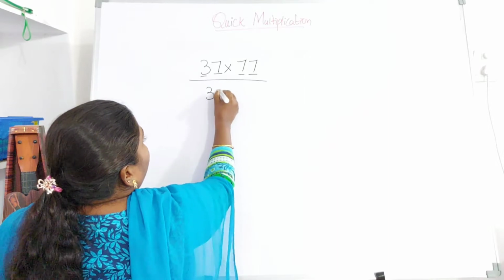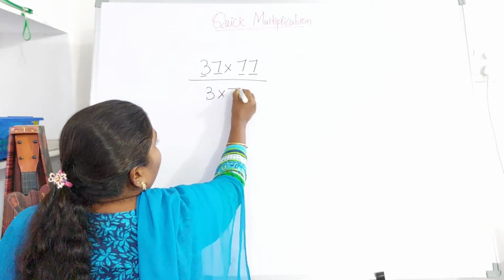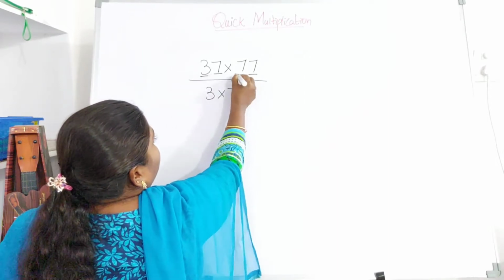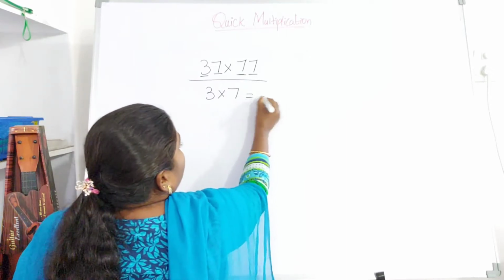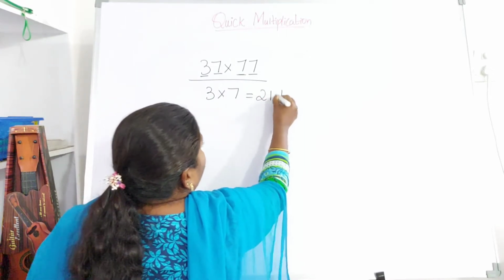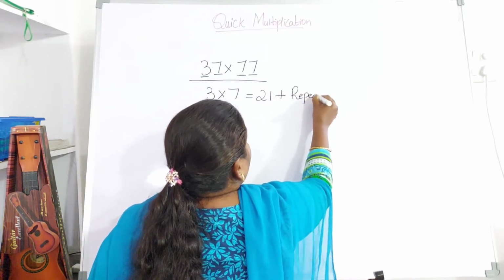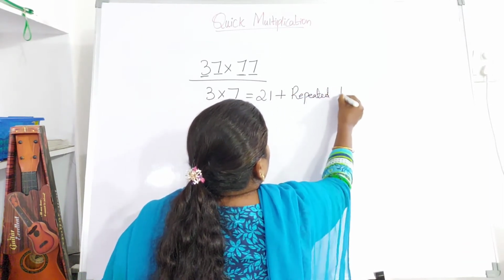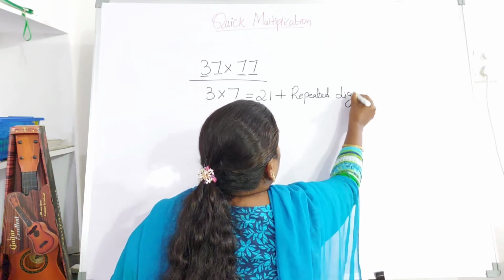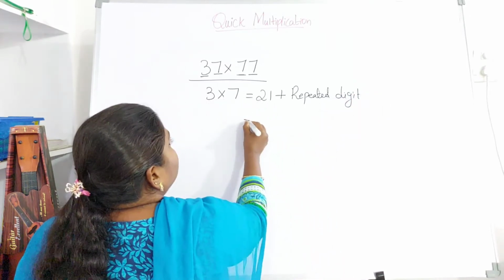3 into 7, the two tens digits, is 21, plus the repeated digit. The digit repeated over here is 7.